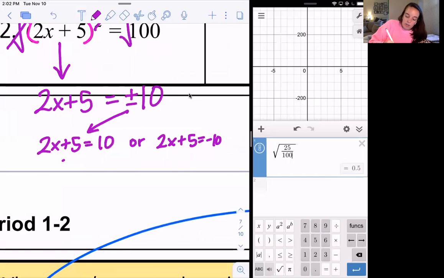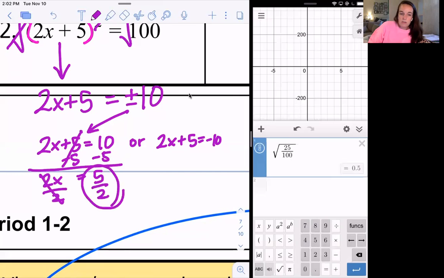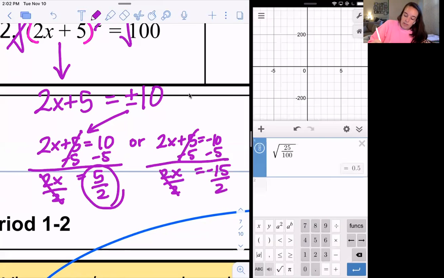So I'm going to go ahead and subtract 5 to get x by itself. 2x equals 5, and divide by 2. I get x equals 5 halves, or subtracting 5 on this side, 2x equals negative 15, dividing by 2, x equals negative 15 over 2. So I have these two answers here.